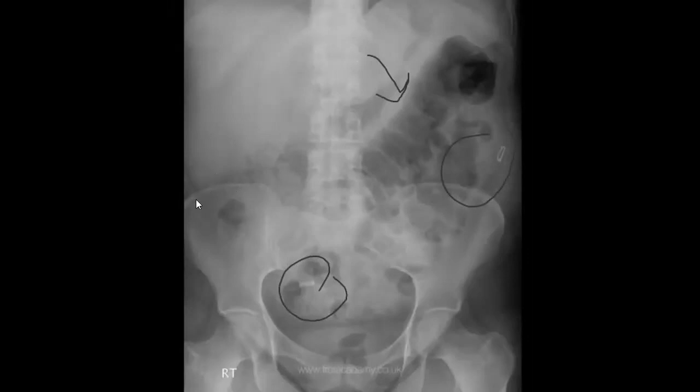There is hepatomegaly. It's a bit distracting because maybe this is, I think, transverse colon, displaced inferiorly. It looks like hepatomegaly. Yes, the answer is hepatomegaly.